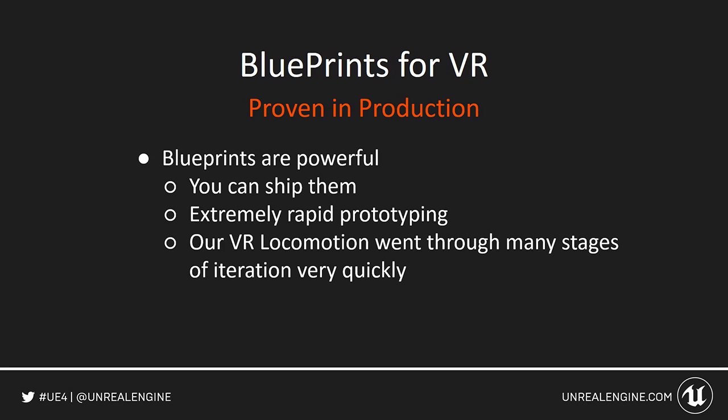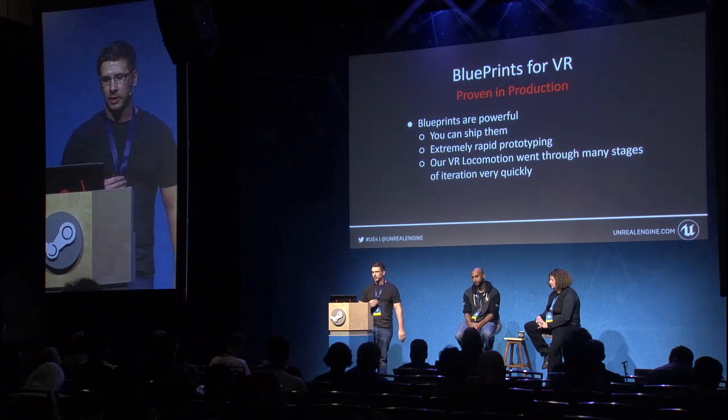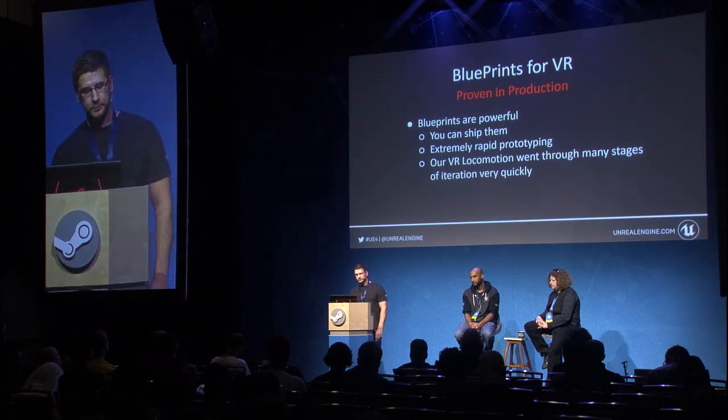It's not a teleport, it's not a blink. You're actually lerping to the location really fast over time. I think we pretty much knew we wanted to do that from the start, and we went through a bunch of iterations of that. But every time we failed at it, we realized a better way to fix it, and it really didn't take that long to make the new way to do it.